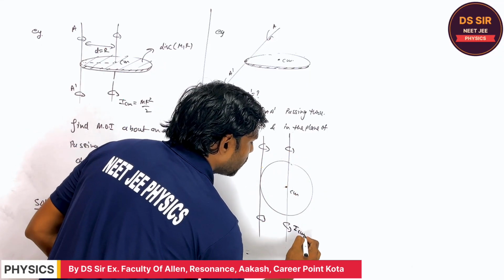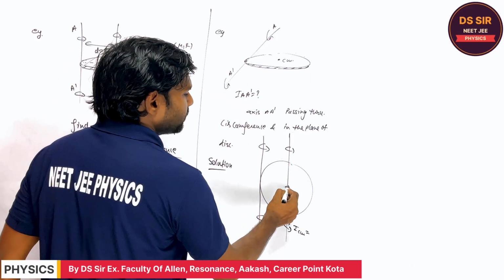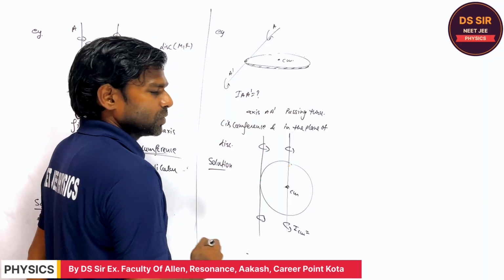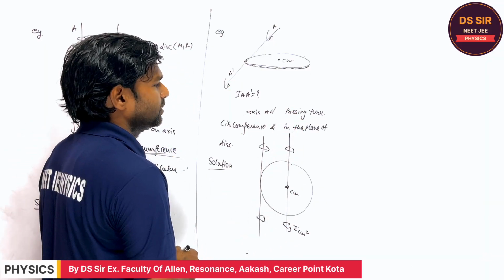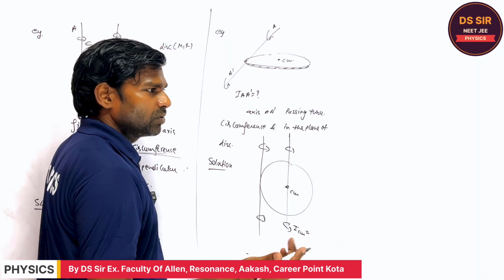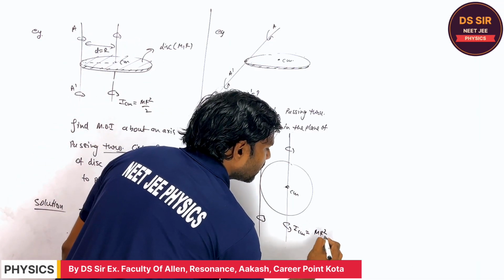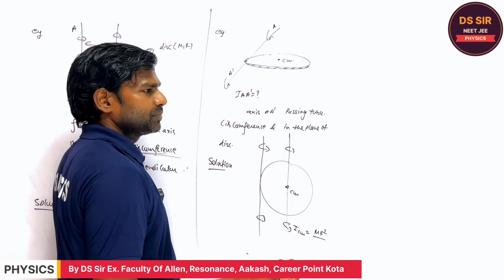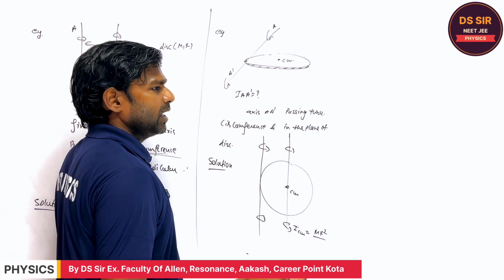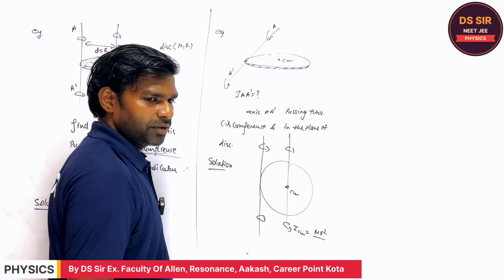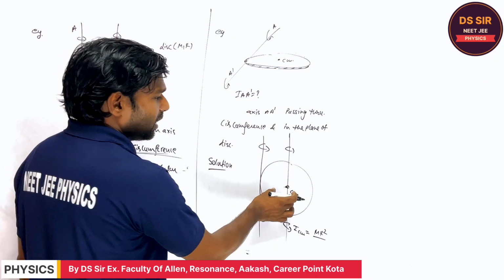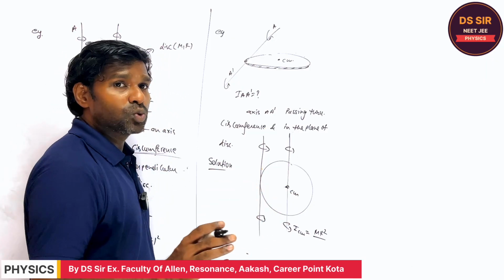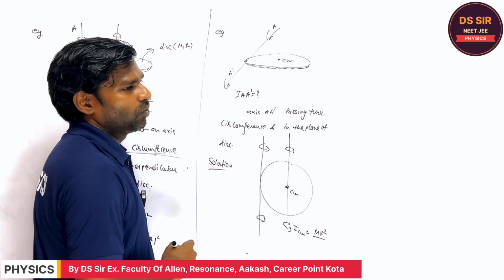Moment of inertia about the diameter. Did you remember? What is the moment of inertia about the diameter of the disk? MR square by 4.